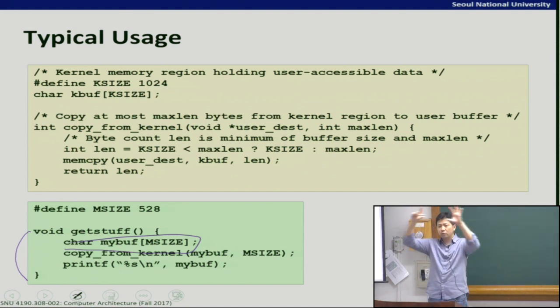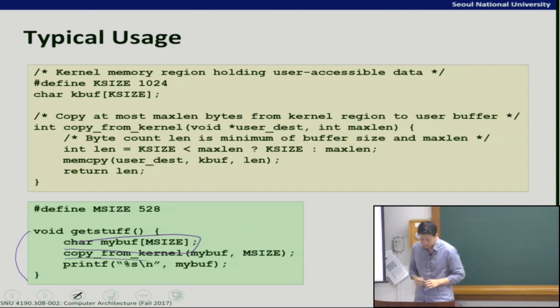Let's say you allocate your buffer in your user space, and you call this kernel function, copy from kernel. Then it reads the value from this kernel buffer and copies those values to user space, and you print the value. That's what it does. This is typical usage.